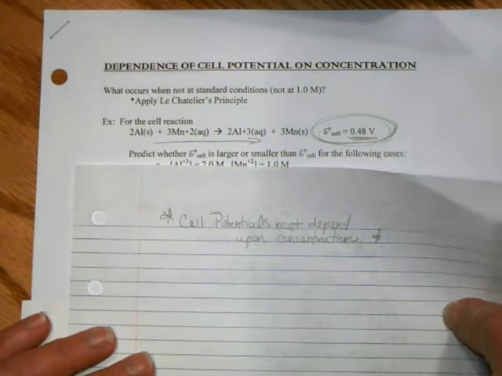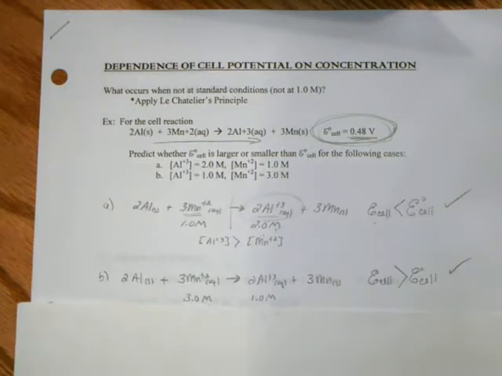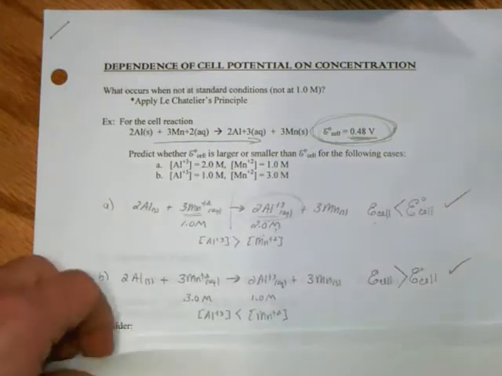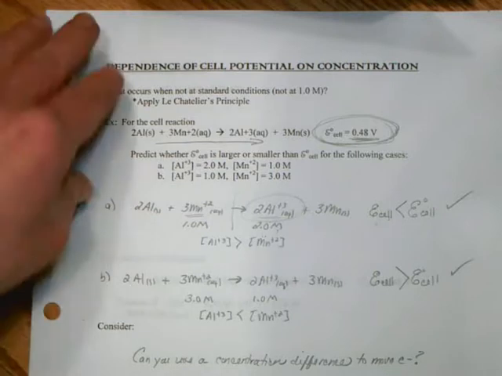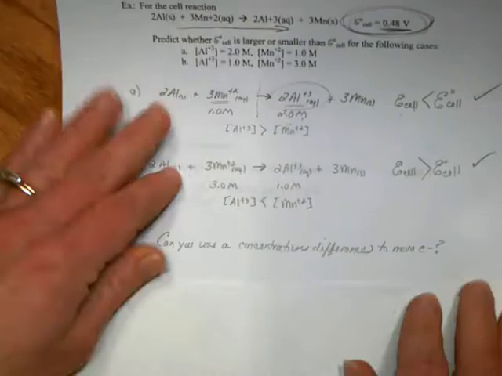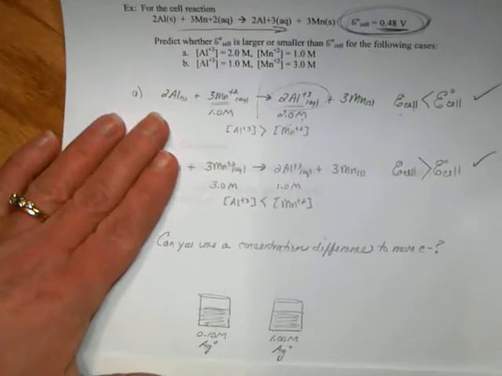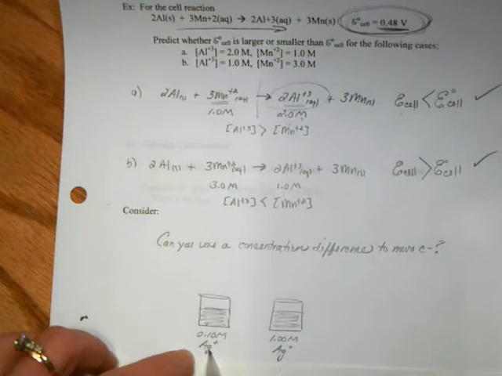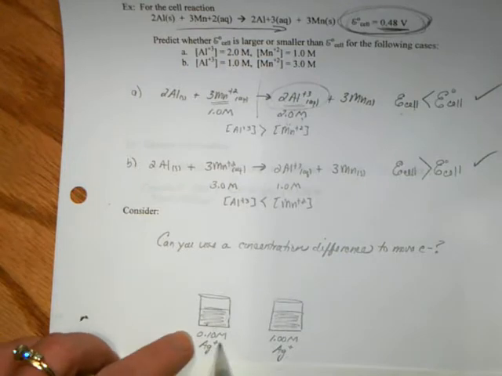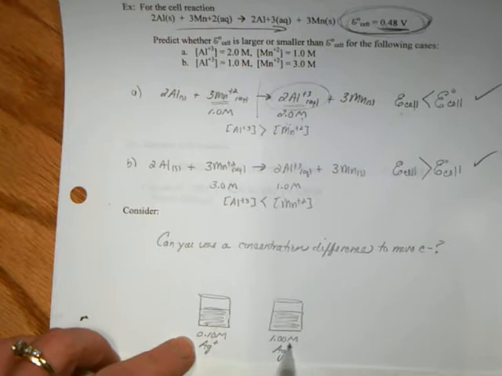Oh, well, could we somehow take advantage of that? Could we use a concentration difference to move electrons? Could we simply, for example, have a situation with 2 solutions of the silver ion, with them being of different concentrations?